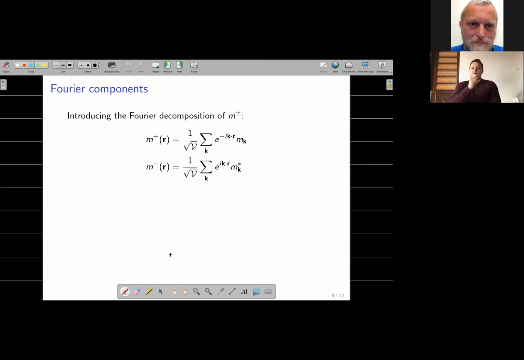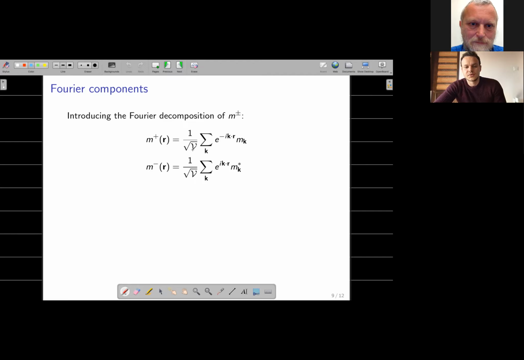Now, our next step is, because as was already discussed, those are new fields, we would introduce the Fourier decomposition of this field. Again, what do we have? Just the discrete Fourier transform of the field.